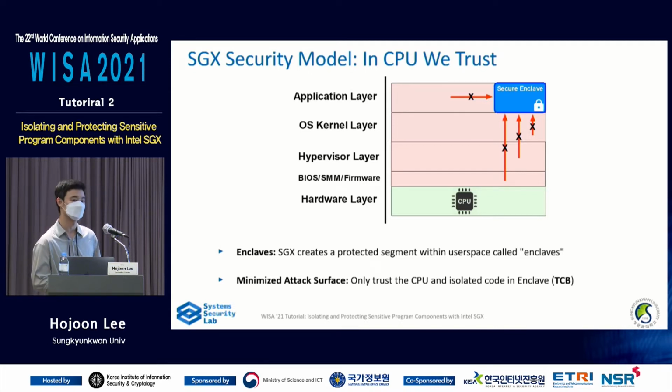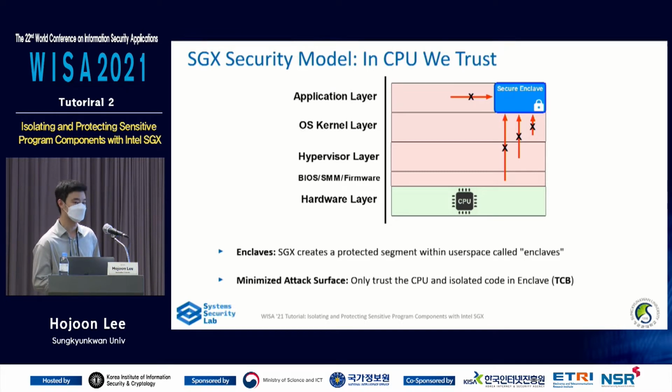All right, so in SGX, we trust two things. First is the CPU. We simply trust that the SGX architecture included in the Intel CPU is trustworthy. And I explained what a TCB is.